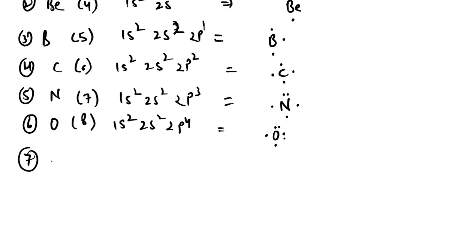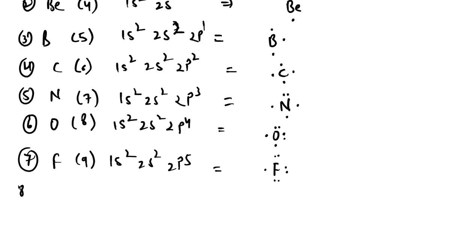And then finally we have fluorine and neon. Fluorine has 9 electrons, 1s2 2s2 2p5, that means 7 valence electrons. So it will be 1, 2, 3, 4, then 5, 6, 7.